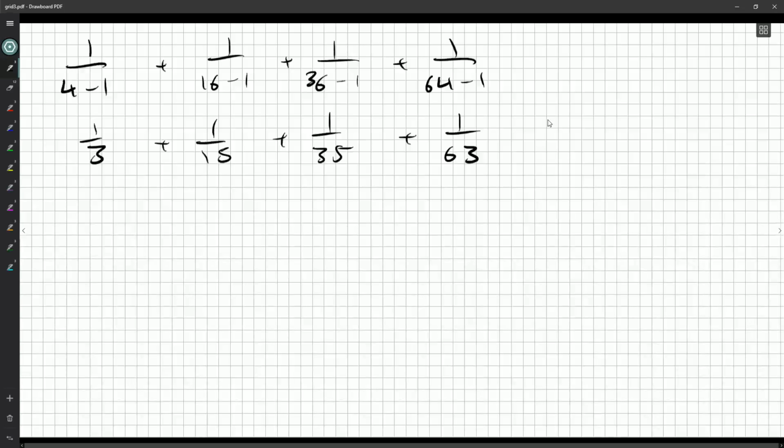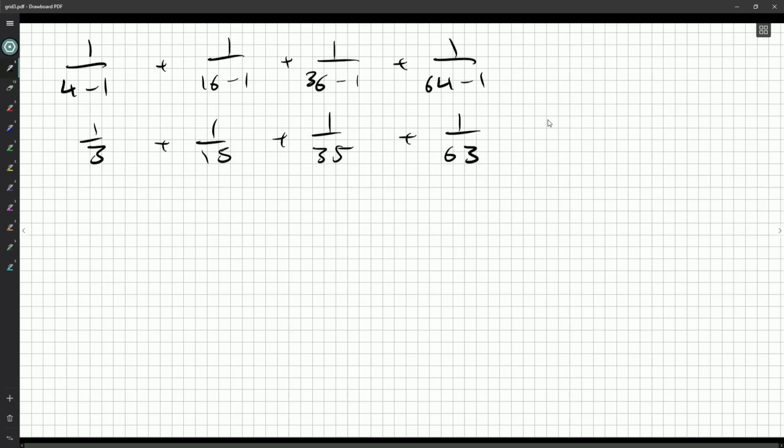Because what's the common denominator I'm going to have now? 945, because 63 does have a factor of 9. Okay, so there's going to be a lot going on here.